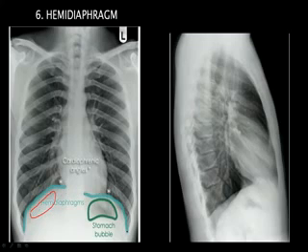Likewise, on the left dome in an erect X-ray, where the patient is standing, we will normally see the stomach fundus, which has an air bubble. If the person is supine or lying down, we may not see that. That is normal, and it must also be observed. We may also try to see the hemidiaphragms on the lateral X-ray.